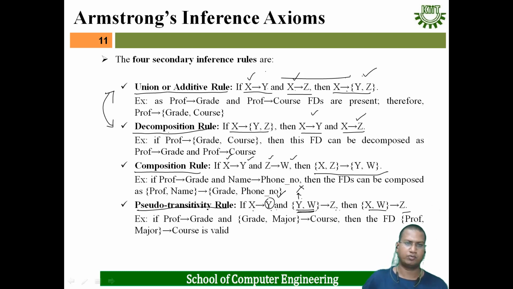We will use this in most cases for determining the candidate key in future. This rule is very important. Okay, those are all the four secondary inference rules.